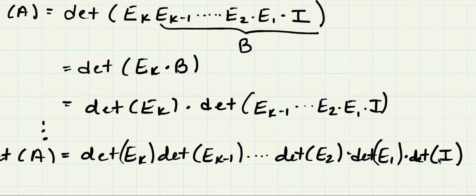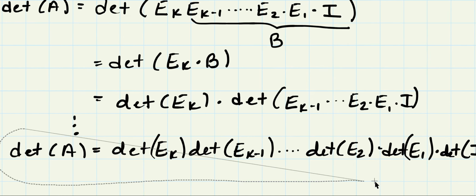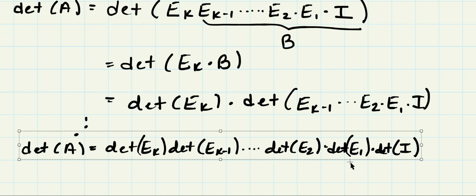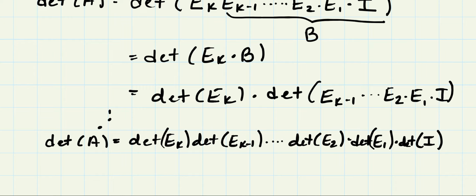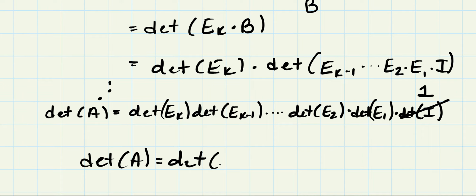But what is the determinant of the identity matrix? Well, its determinant is just 1. So this piece is equal to 1, and we see that the determinant of the matrix A is just the product of the determinants of all of these elementary matrices.